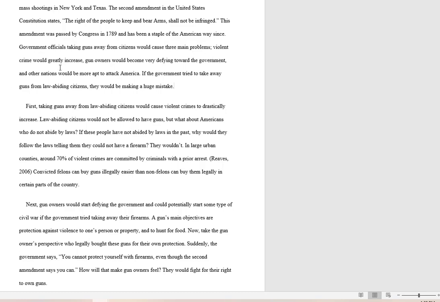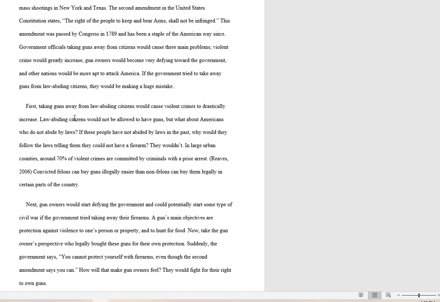Violent crime would greatly increase. Gun owners would become very defiant towards the government, and other nations would be more apt to attack America if the government tried to take away guns from law-abiding citizens. They would make a huge mistake. So here you have his reasons, and then his reasons become his body paragraphs.